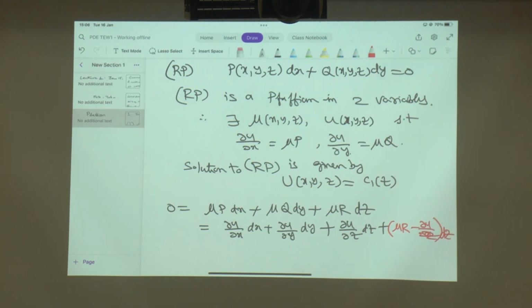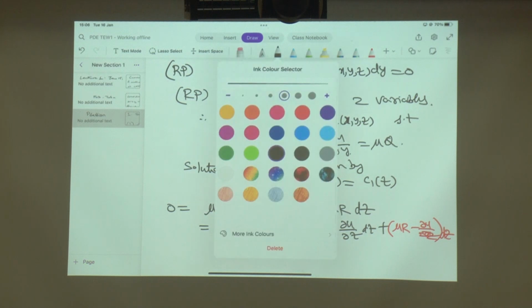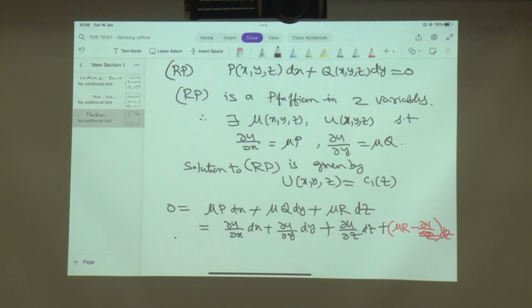Of course, the first thing you should actually ask me is: this Rp is a Pfaffian in two variables. There is an integrating vector, I know, and there is a solution, I know. z is hanging as a parameter. xy smoothness is what I can guarantee. Why is it differentiable with respect to z? These kind of questions should be asked.